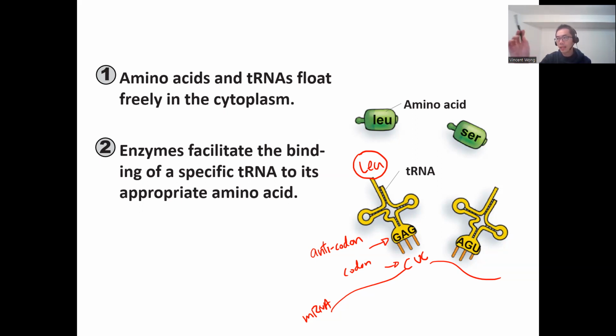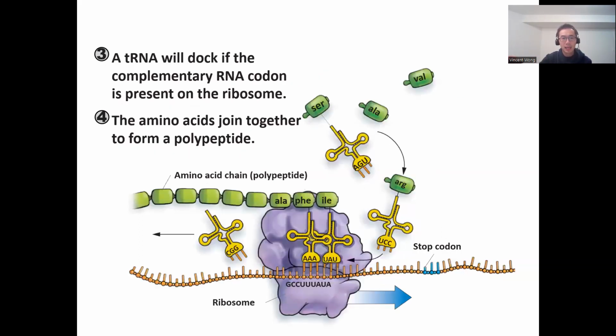Okay. So then an enzyme will come and help load up the amino acid onto the tRNA. And then the tRNA will dock, as in like will park into the ribosome if a complementary RNA codon is present on the ribosome. Okay, so complementary.